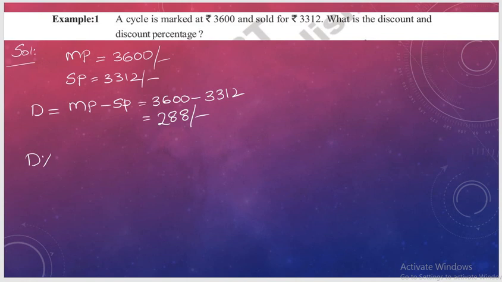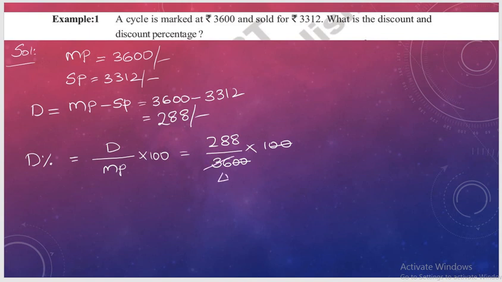So if I want discount percentage, discount percentage is given by discount by MP into 100. So what is discount here? 288 divided by what is market price? 3600 into 100. So these two zeros I can cancel out. Now in this, I can cancel in the 4 table, no?